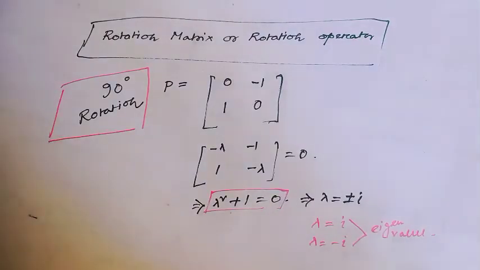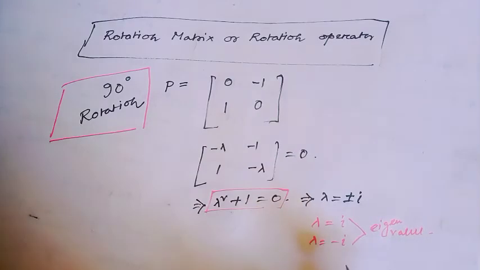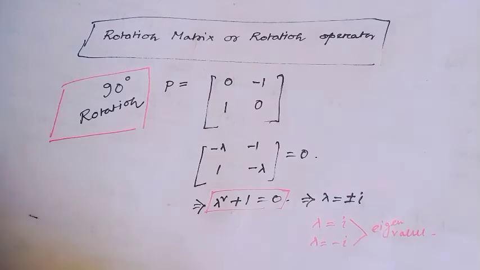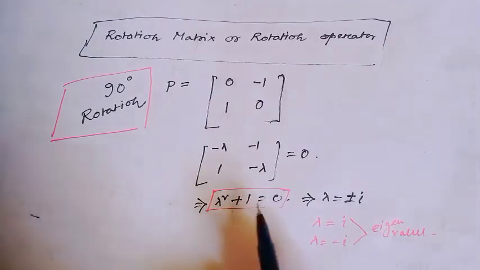Here notice one interesting thing. This linear operator, the rotation operator, does not have a real eigenvalue. Obviously this polynomial has a root, but this root is not a member of the real numbers, because here the polynomial is a real polynomial.